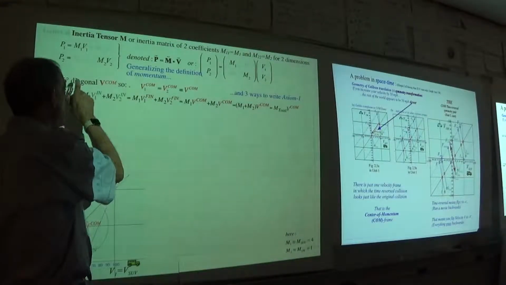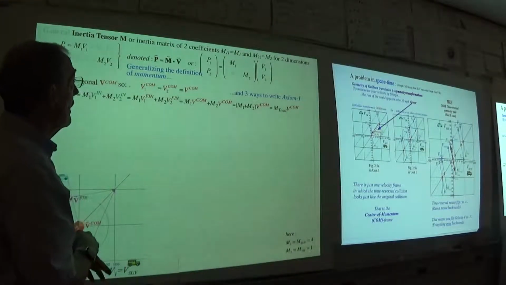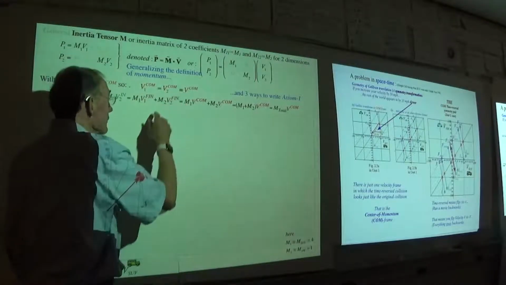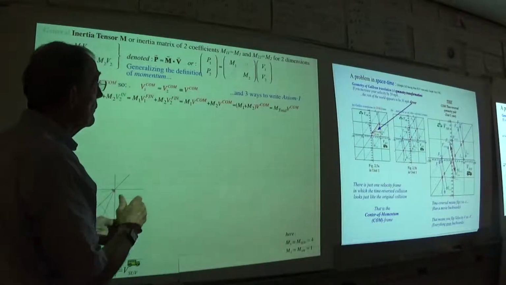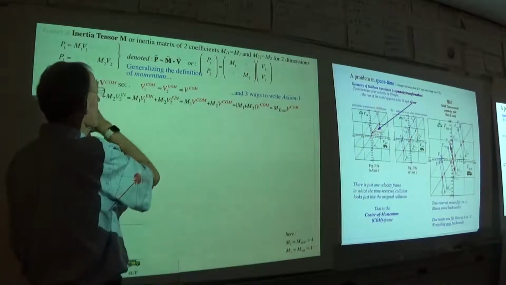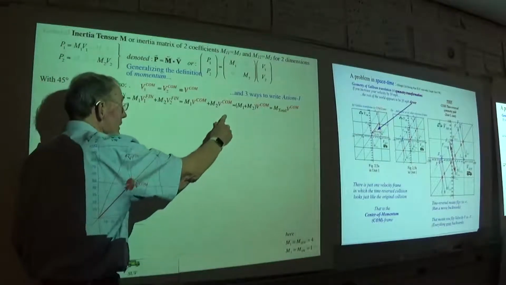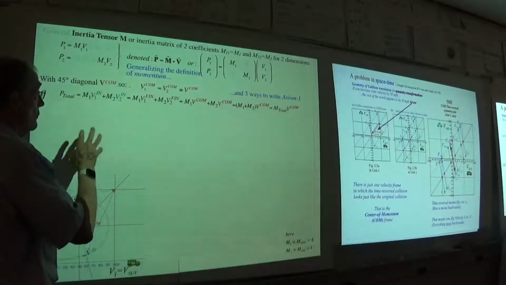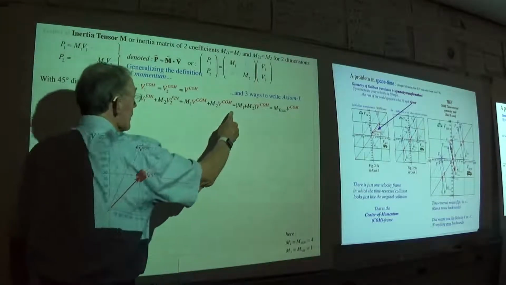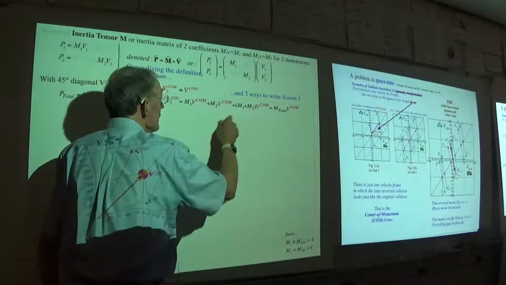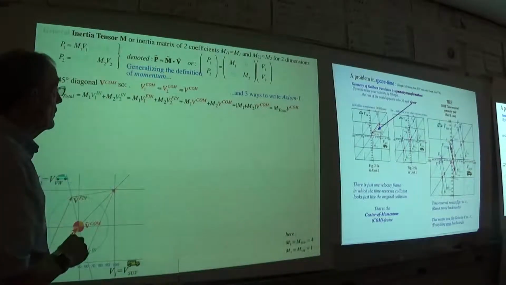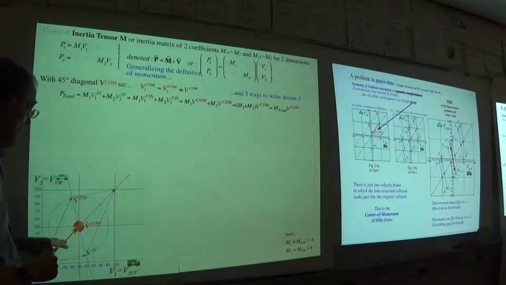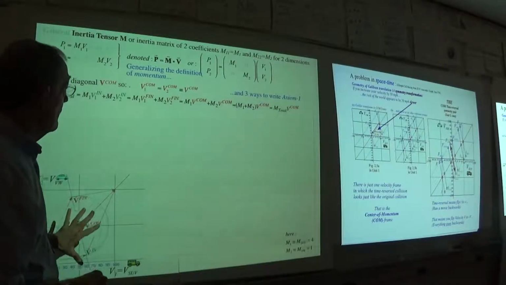And the whole idea is that there are 3 ways to write the total momentum, which we've gotten by taking the denominator of the weighted sum and putting it up in front of the velocities, multiplying the velocities in this diagram here.